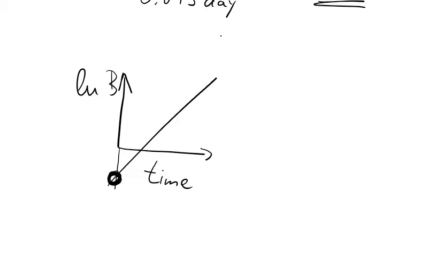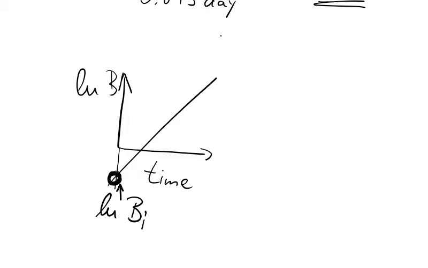Must have something to do with ln, mustn't it? ln B initial. Are you sure about that? How sure? 99.9. Is that good enough? That point is actually ln B initial.